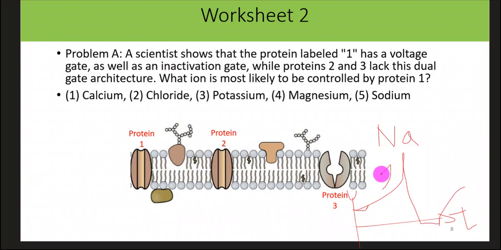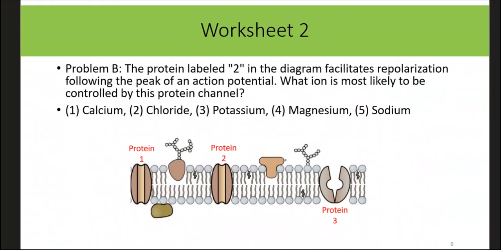The one that makes it go up is controlled by sodium, and it has a positive feedback loop. If it didn't have the inactivation gate, it would just continue to go up, and it won't lead to the best result for cells because it's going to rupture or something. So it needs this inactivation gate to stop its positive feedback cycle. So the answer is sodium.